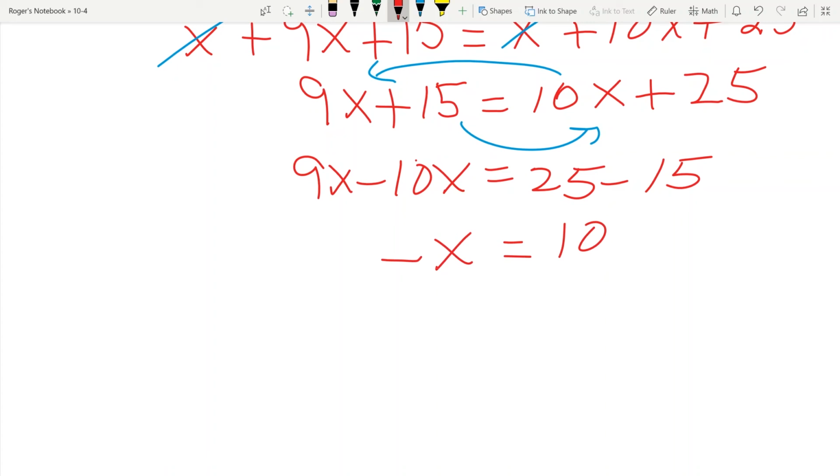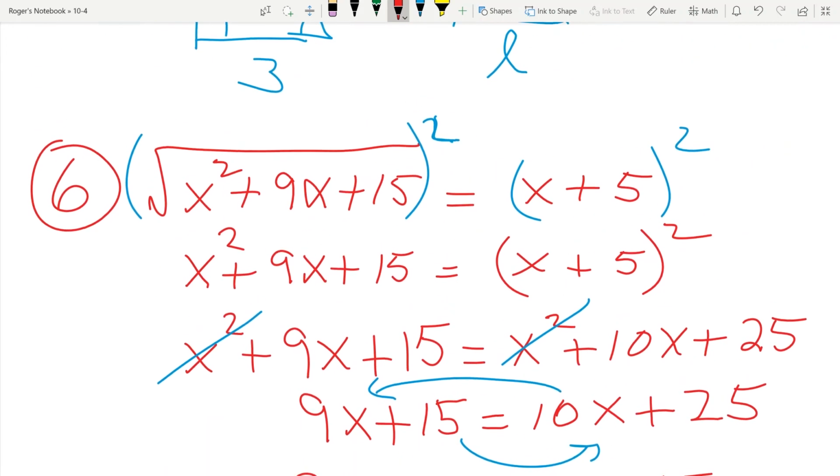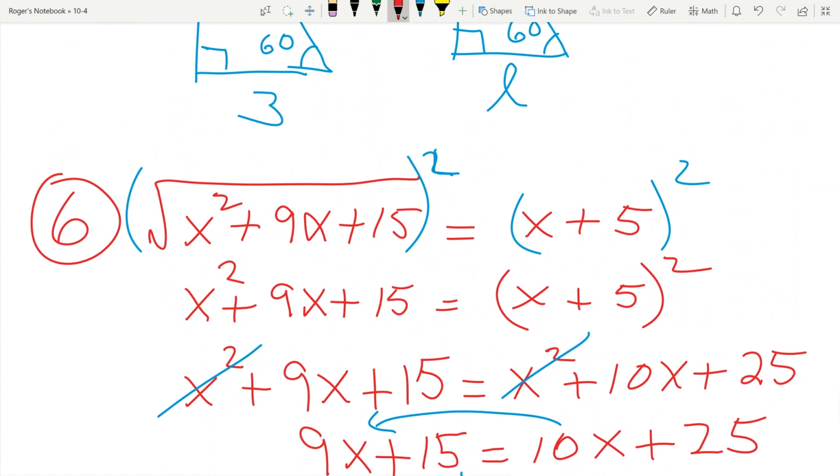Over here we have 10, so negative x is equal to 10, which means x equals negative 10. So we've come up with a possible solution, maybe, for x. X equals negative 10.